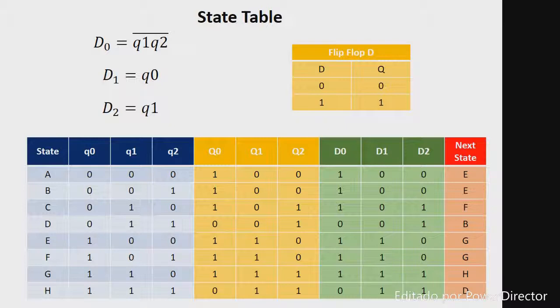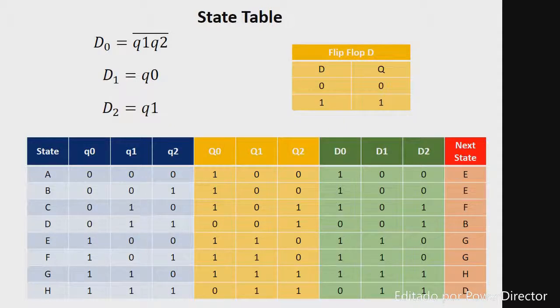We have also the truth table or state table of the flip-flop D. When the input D is equal to 0, the output is 0, and when the input D is equal to 1, the Q is equal to 1 as well.